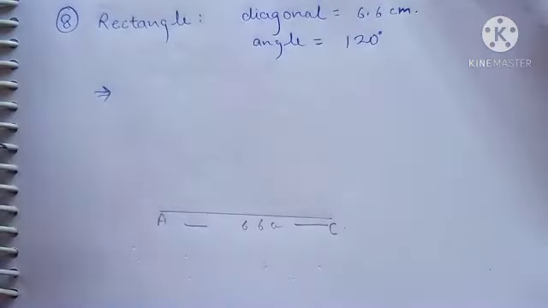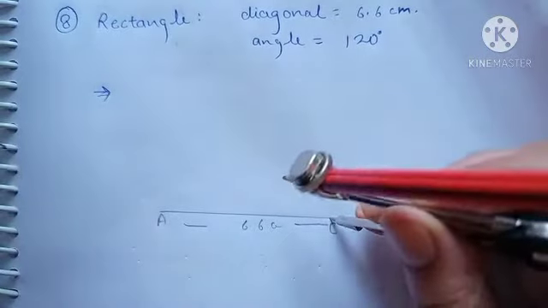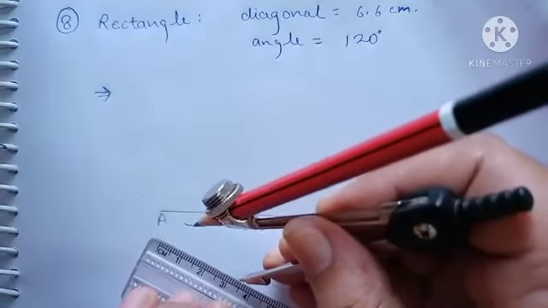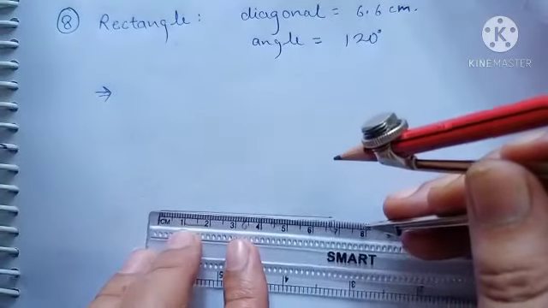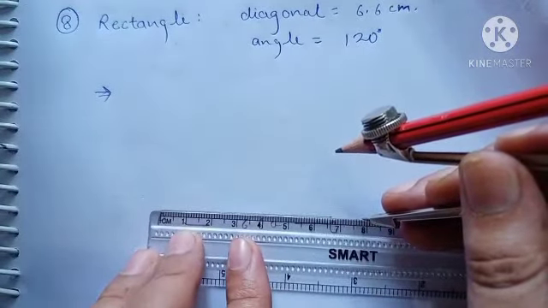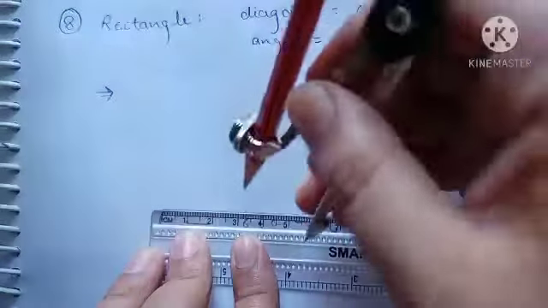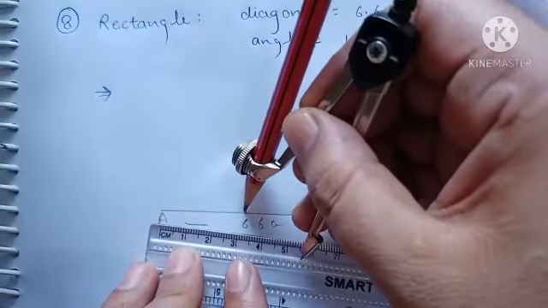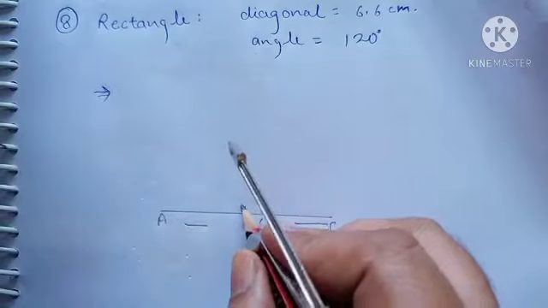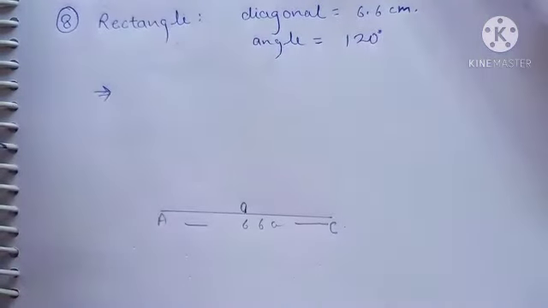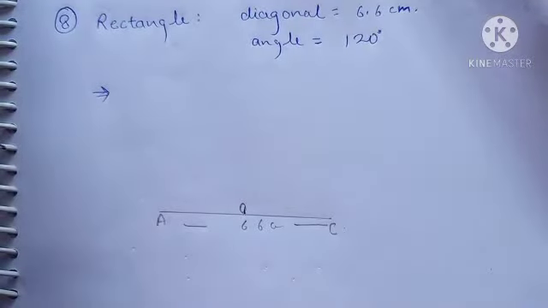So we have to cut off this diagonal at middle point, which is 3.3 centimeter. Okay, and this point is O. Now what we have to do, we have to make 120 degree angle at O.